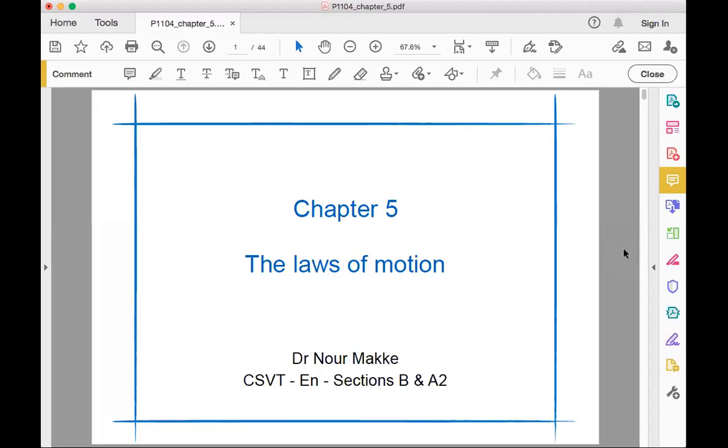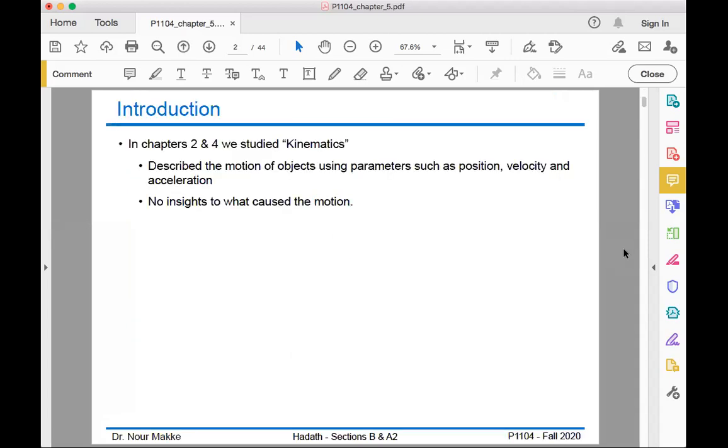Good morning, everyone. Today we will start with chapter 5 about the laws of motion. So you remember in chapters 2 and 4 previously, we were studying kinematics, and we said that in kinematics we are going to study and describe the motion of objects using variables or parameters such as position, velocity, acceleration, speed, etc. And we discussed the case of an object moving under constant acceleration, where we derived the kinematic equations for it.